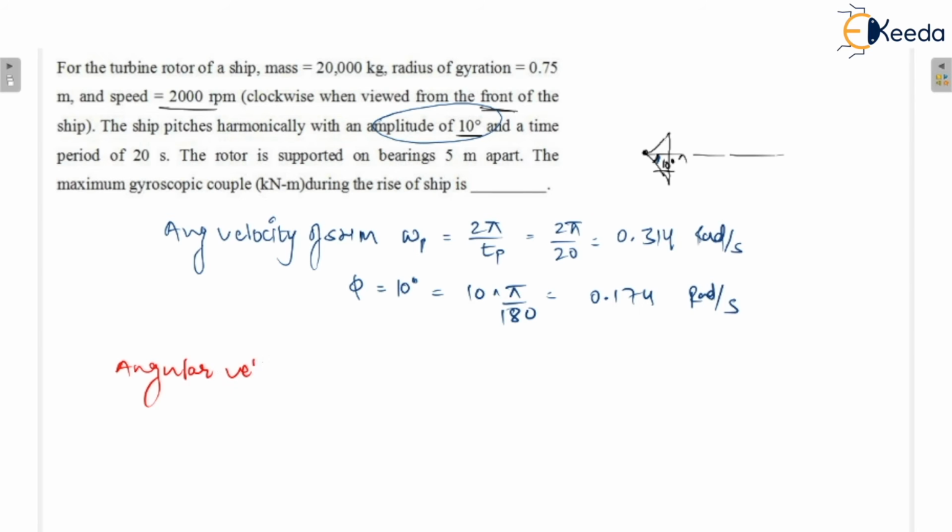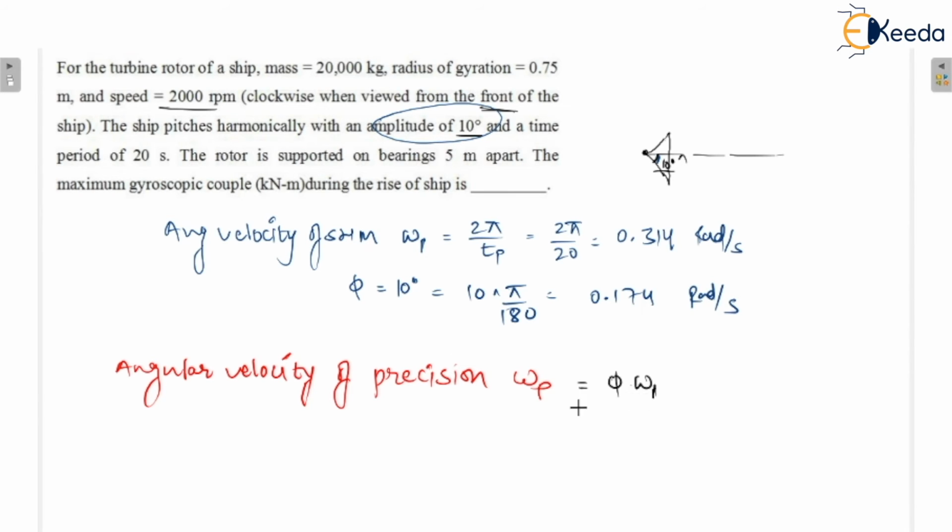Okay, now what is the formula for finding out the angular velocity of precession? Angular velocity of precession is denoted as omega p, and it is equal to phi omega 1. I am denoting omega 1 because it is not omega; omega we are going to consider as the speed of the turbine rotor of the ship.